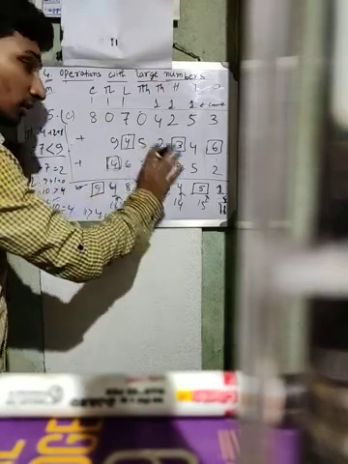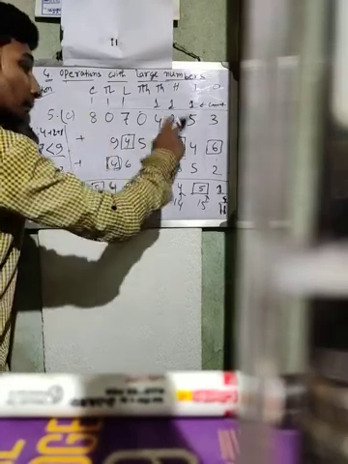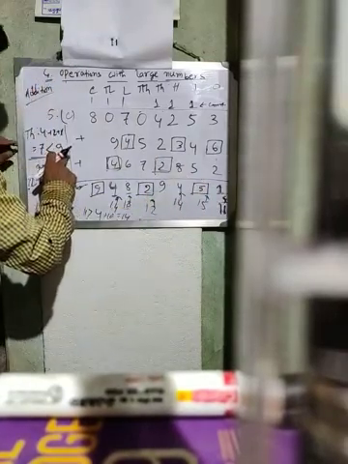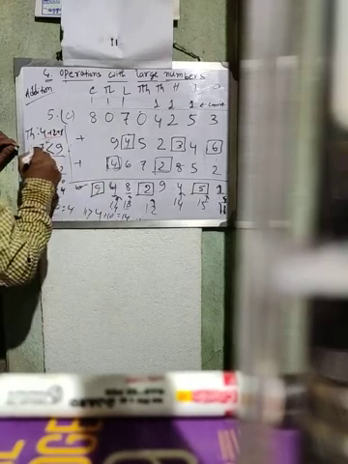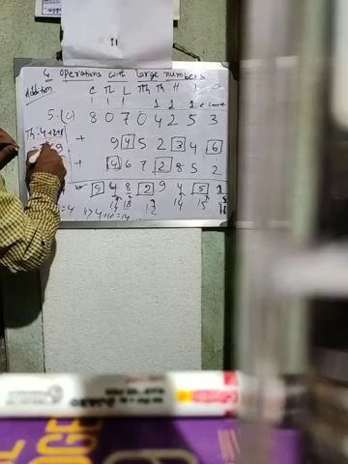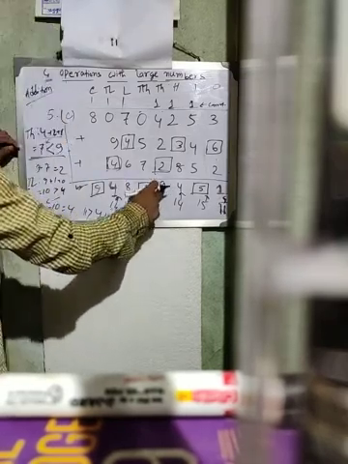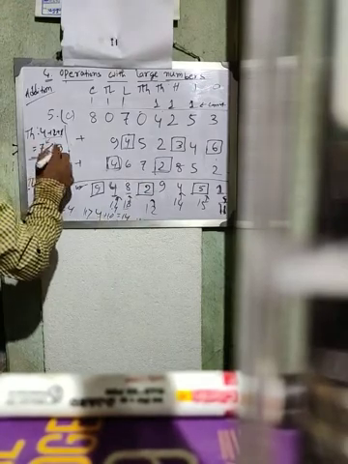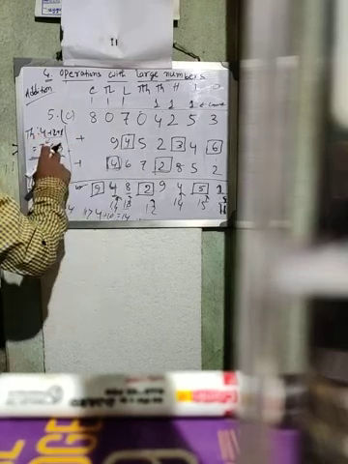When the sum of all the digits at a place, for example 4 plus 2 plus 1, 7, is less than the sum digit at the same place, then we have to subtract the sum of the digits from the sum digit.